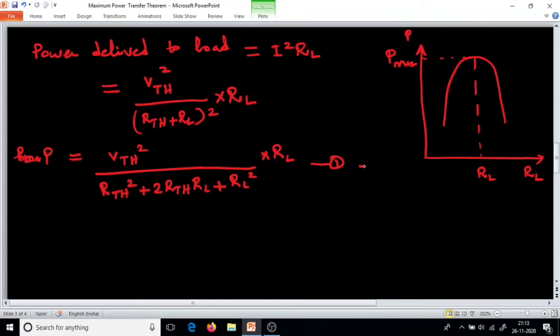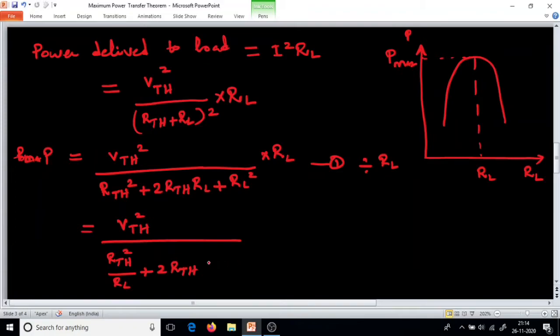Now we divide numerator and denominator by RL. Then we get VTH square divided by RTH square by RL plus 2 RTH plus RL.